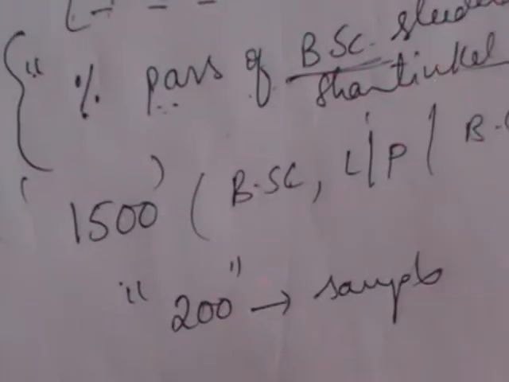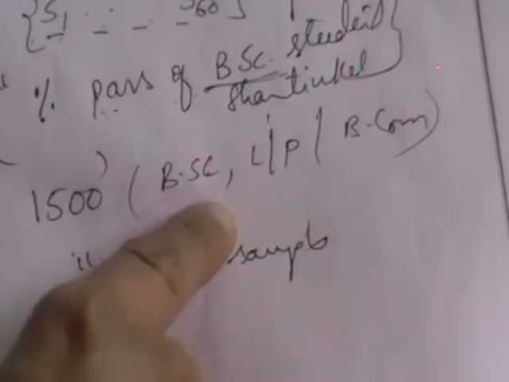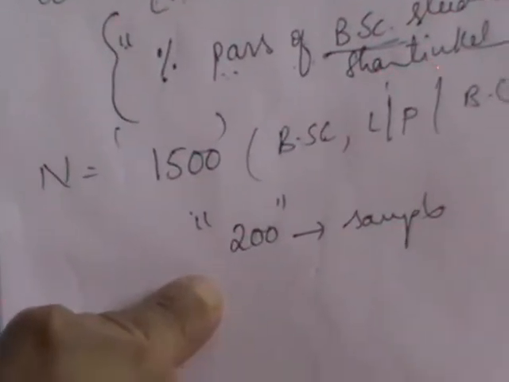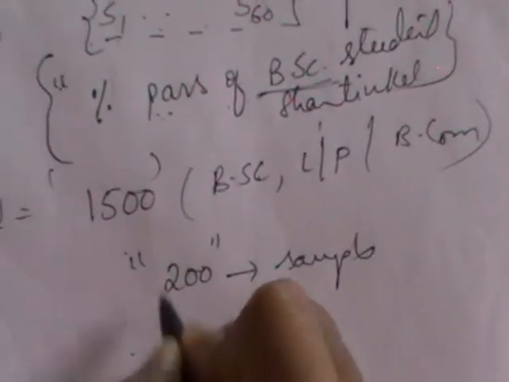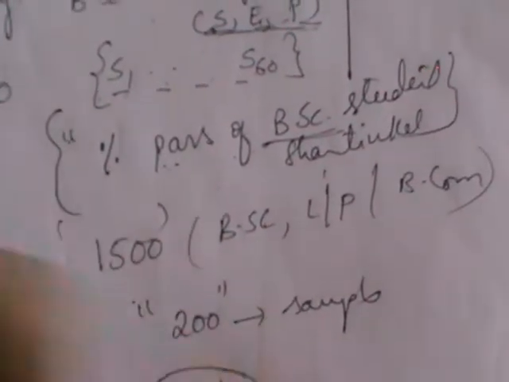I have considered the entire strength of the college, which consists of all the groups, collected a sample of size 200 from this 1500, gathered data regarding the pass marks of the students, and concluded that 60% of the students have cleared all the subjects.